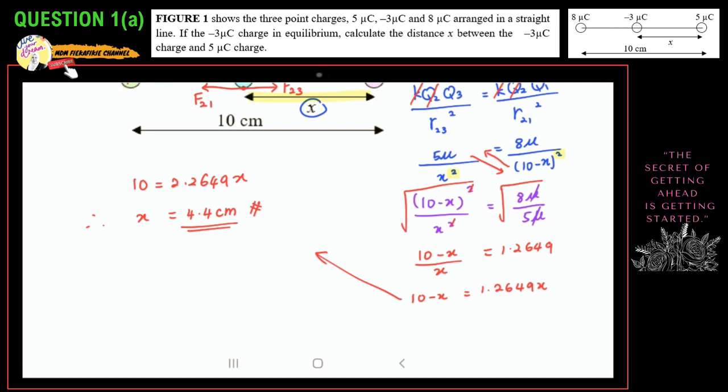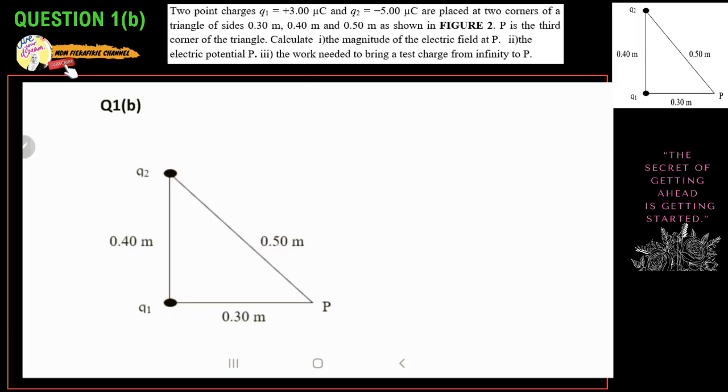Alright, let's proceed to question 1b. In question 1b, we have two point charges, Q1 and Q2. Let's label them. Q1, at the bottom, is positive 3 microcoulomb, while Q2 is negative 5 microcoulomb.